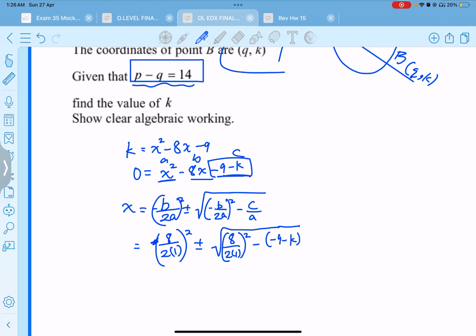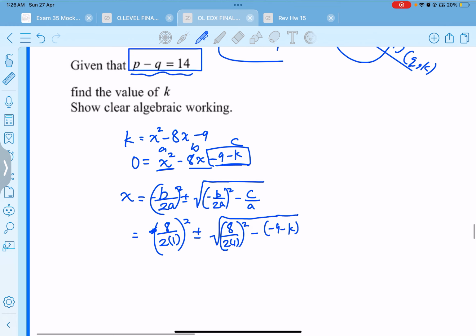I must put the brackets because the negative is going to be distributed over both, as if it's negative 1, and then over a, which is 1.